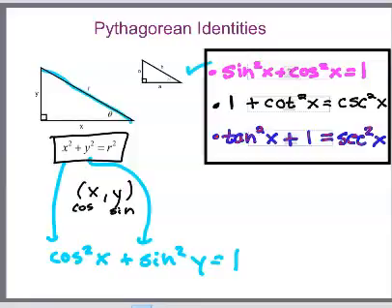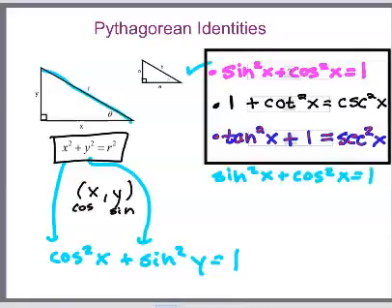Now, this is also where we get the other two identities. This 1 plus cotangent squared. Well, if I take this original one, I'm going to write it the way it's written here. Sine squared plus cosine squared, right? It doesn't matter if it's sine plus cos or cos plus sine, but I'm going to write it like the identity in pink is written.